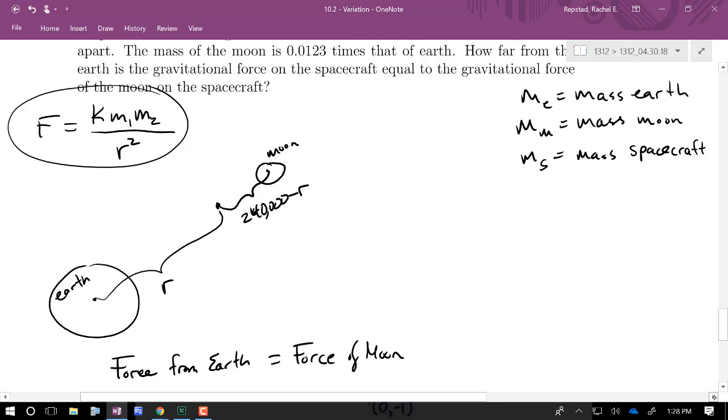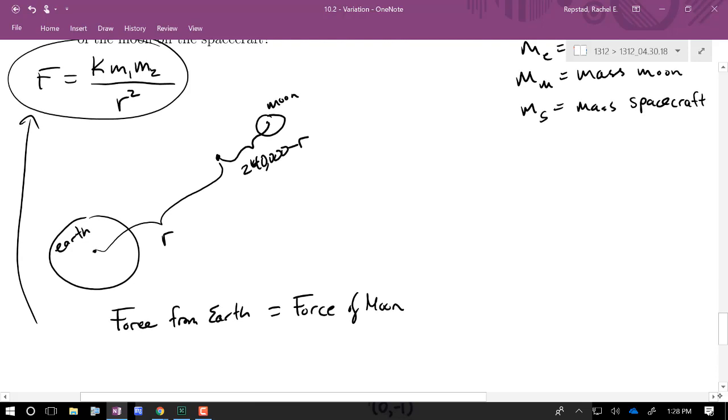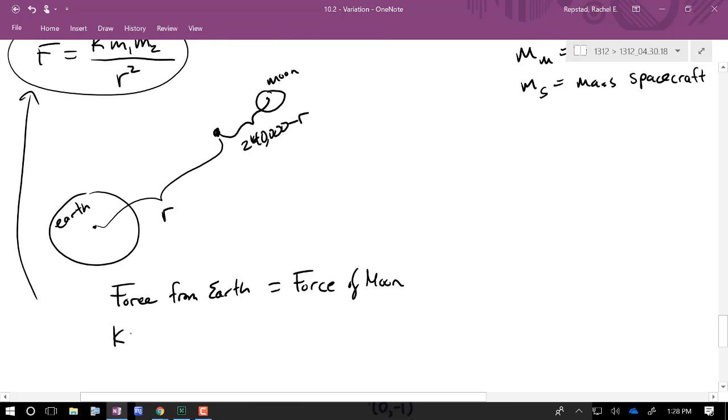So just to start out, it looks like, just using this basic template, this equation we came up with, that if we were calculating or coming up with an expression for the force that this spacecraft feels from the Earth, this would look like K times M_E times M_S over r squared.